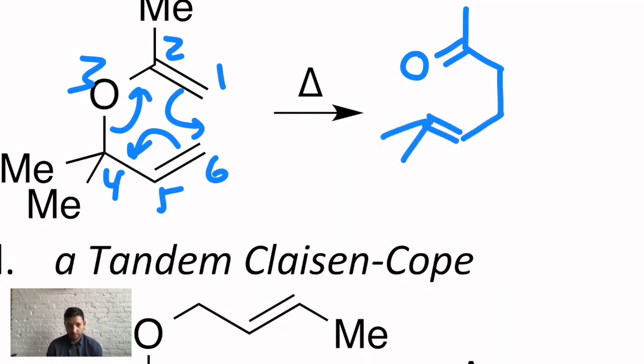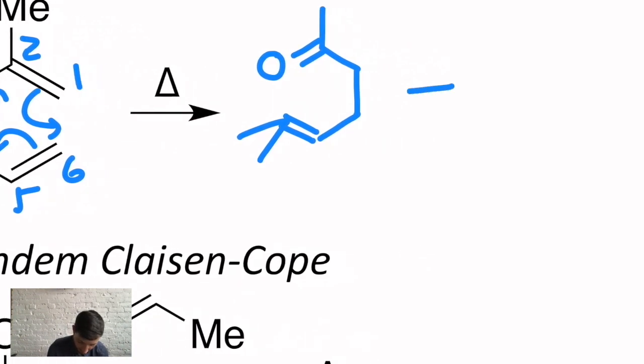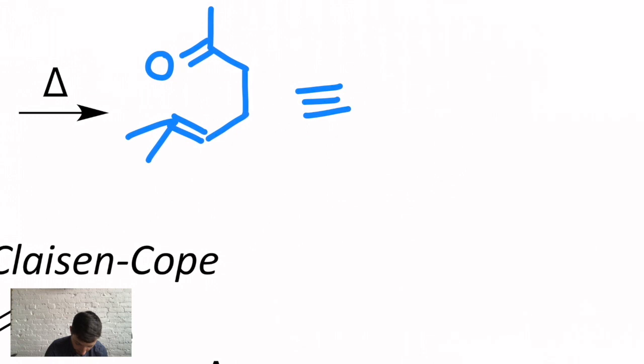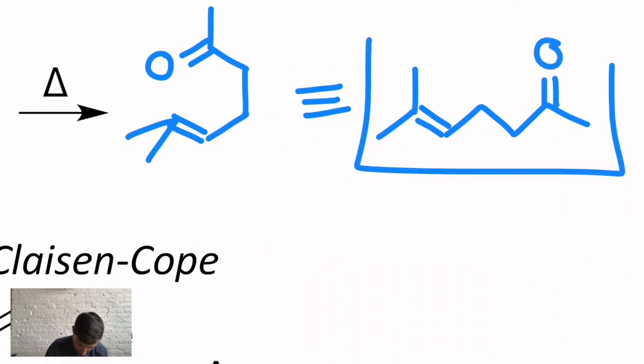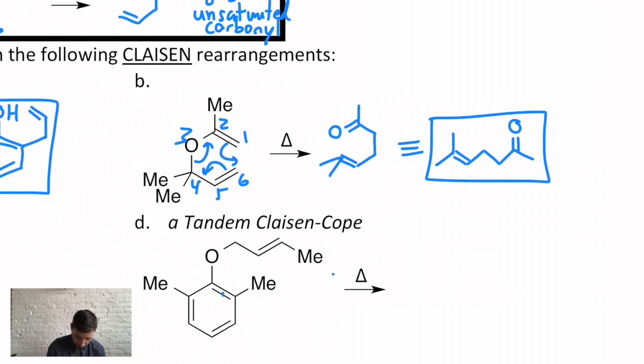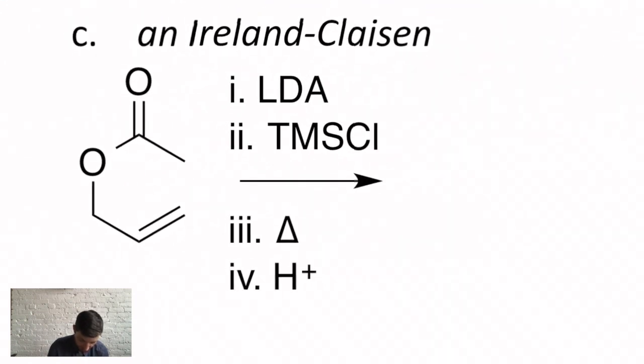Actually, no stereochemistry here, either in the olefin geometry or anywhere else. You just get a lengthy ketone with a gem dimethyl off on the end. 1, 2, 3, 4, 5, and then 6. Nice example.